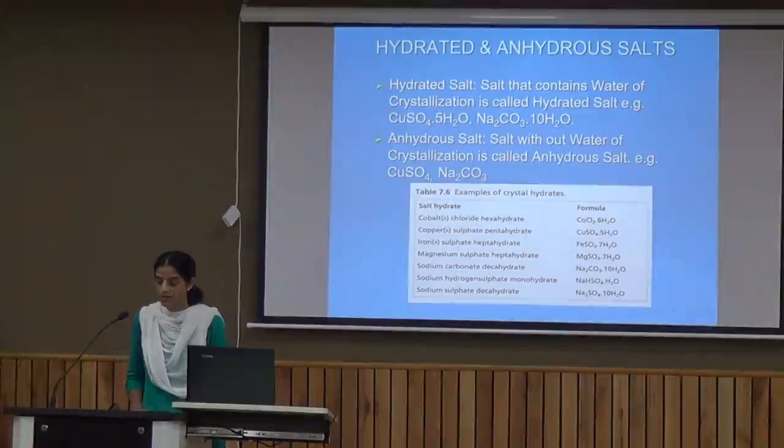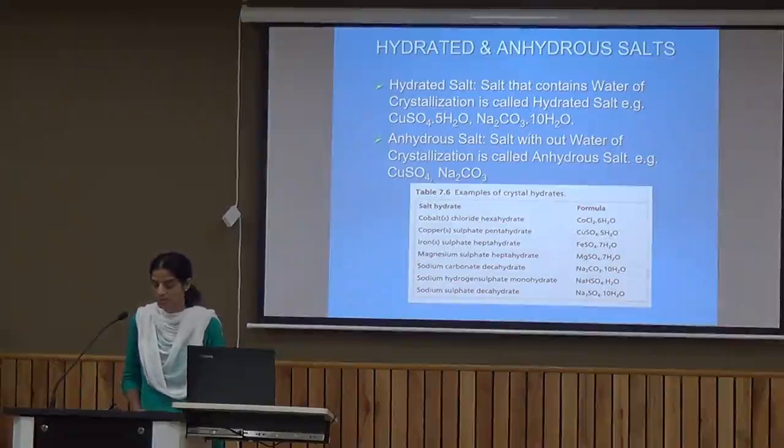In the category of hydrated, we have seen the example of copper sulfate, CuSO4.5H2O. This salt actually contains 5 molecules of water of crystallization chemically combined with one molecule of the salt. So this is an example of hydrated, and anhydrous is free from water of crystallization.